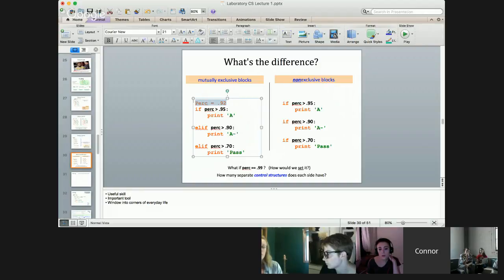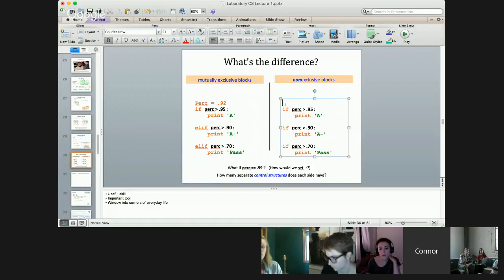What happens in this block? Let's walk through it. So perk is 92. We don't print the first one because perk is not greater than 95. We ignore that.